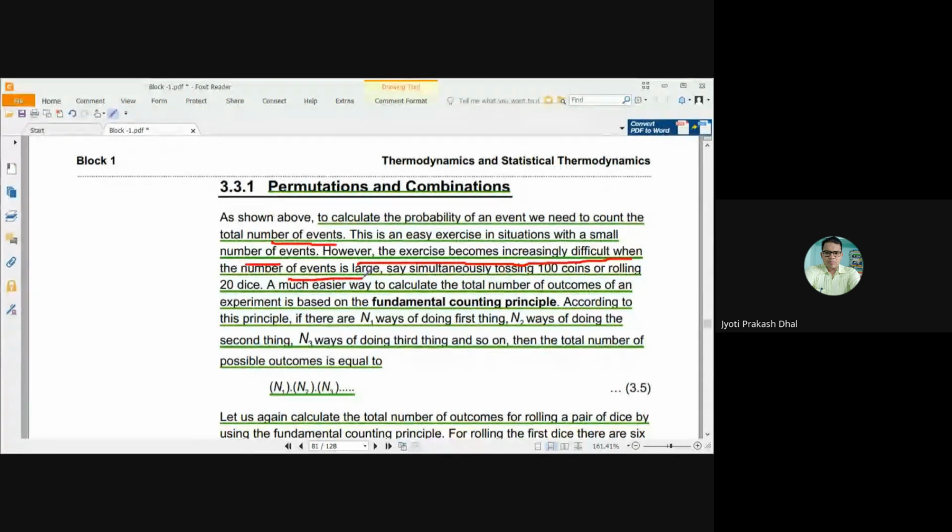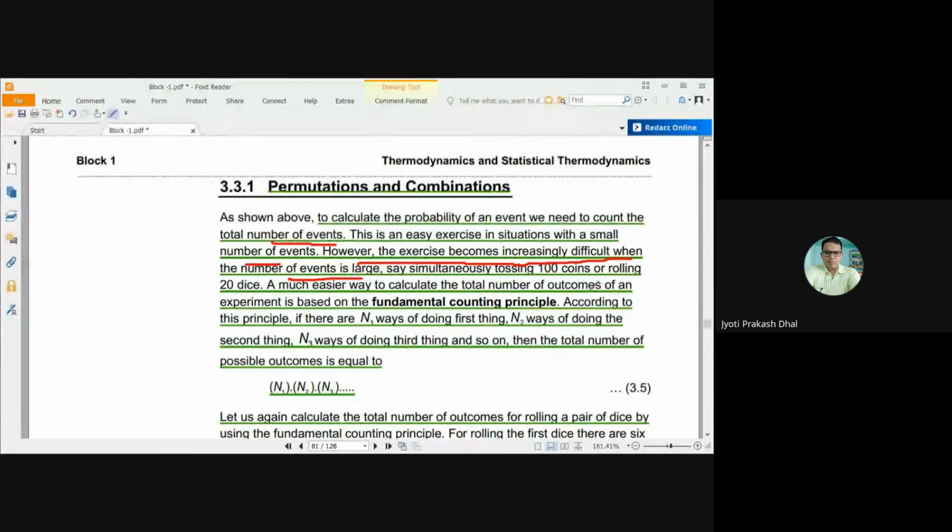In the previous section we discussed tossing of a single coin, tossing of a single coin 4 times, rolling of a dice, rolling of 2 dice, etc. But if we go for an experiment where tossing of 100 coins or rolling of 20 dice is involved, then the number of events will be large. In this case, a much easier way to calculate the total number of outcomes of an experiment is based on the fundamental counting principle.